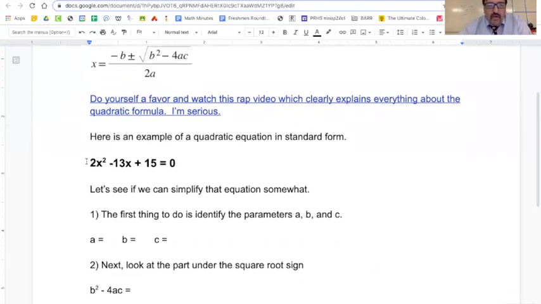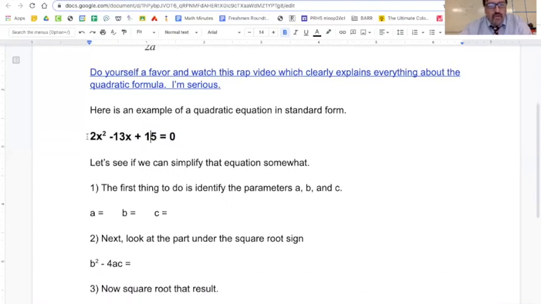I've got an example of a quadratic equation here. It's already written in standard form, which means that there's a 0 on this side, and the terms go in decreasing order of their exponent: the squared term, the x term, and the constant term. We've got to look at these. If there is a number in front of the x squared, then that's a.